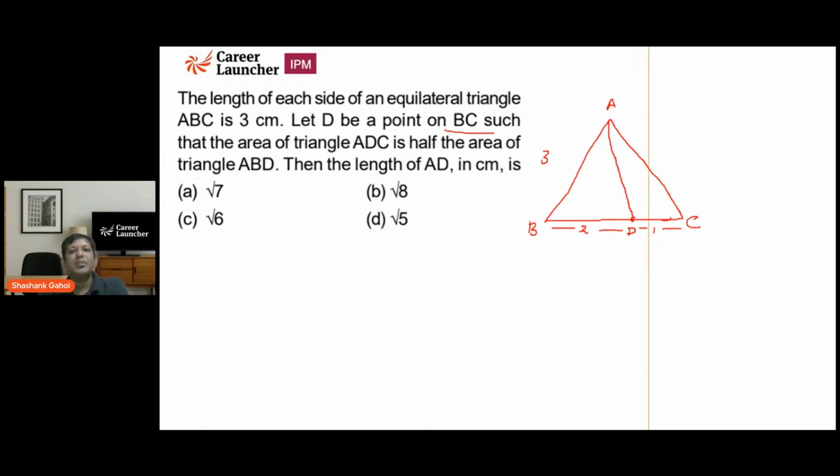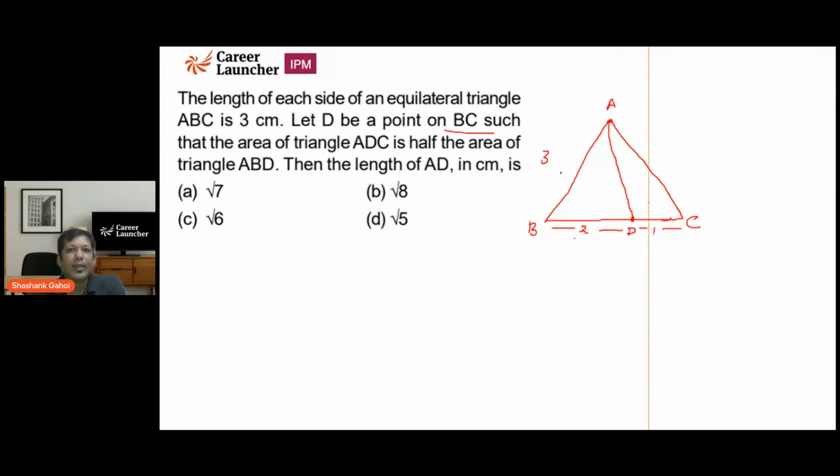So what is the concept we are going to use here? We have two triangles. Both triangles have the same height, and the ratio of area is 1:2. So the ratio of base will also be 1:2. This is not similarity. In a triangle, when you draw a line from a vertex to a point on the opposite side, the ratio of area is always equal to the ratio of base, because the height is constant.